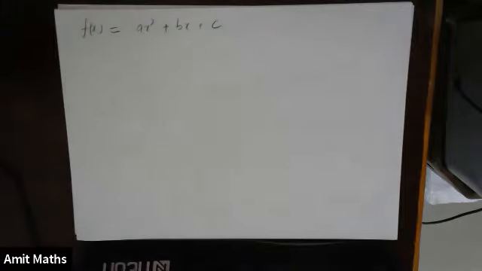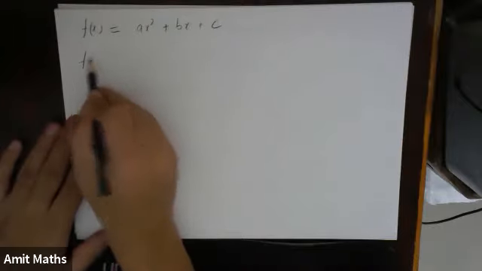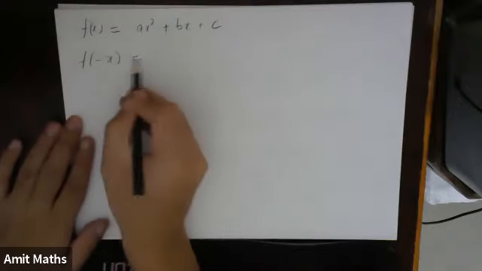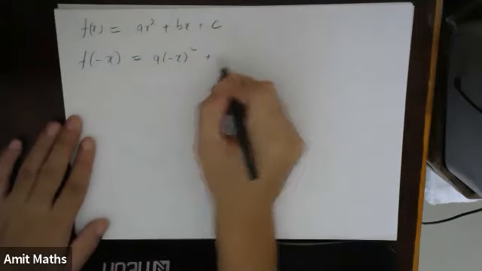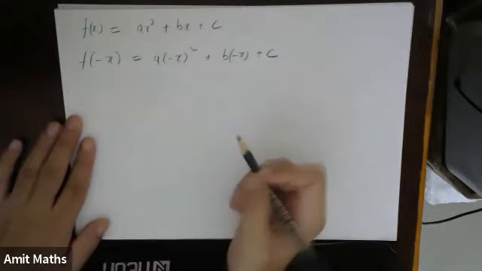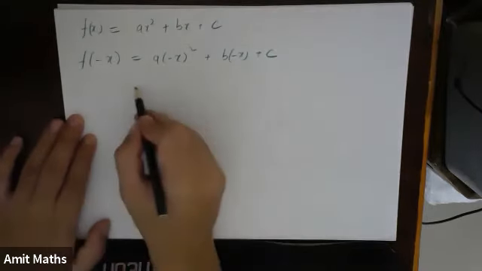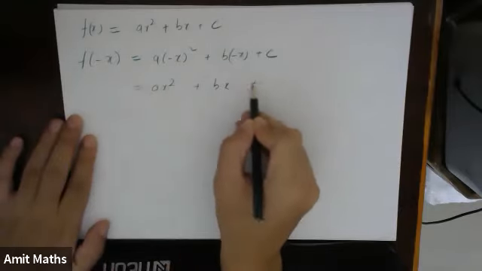Now see, what you will say is, sir, if I substitute minus x instead of x, what will happen? If instead of x I substitute minus x, this will become a into minus x whole square plus b into minus x plus c. Now see, this will become ax square plus bx plus c.